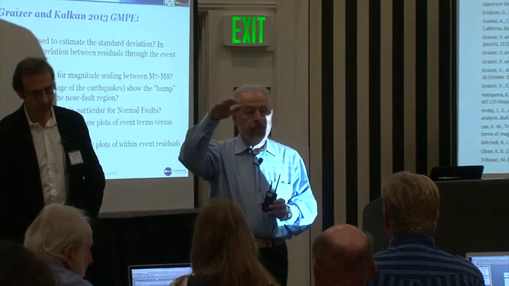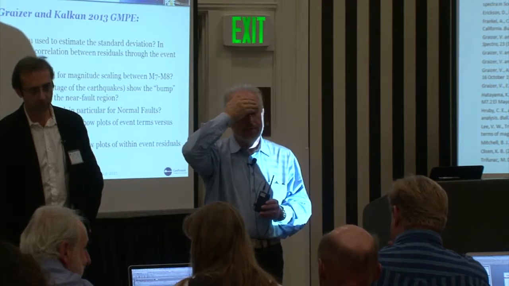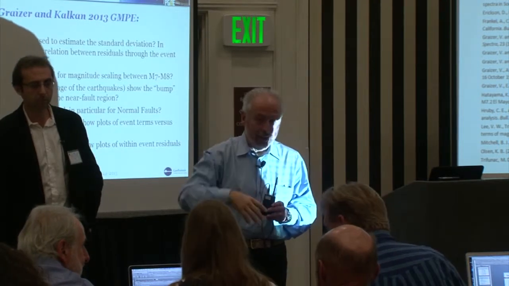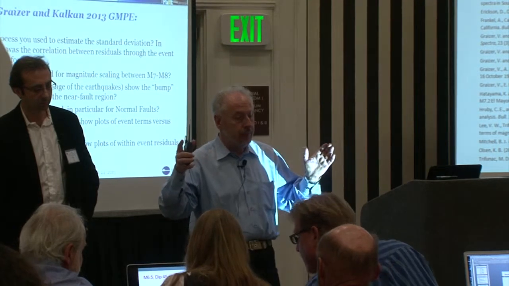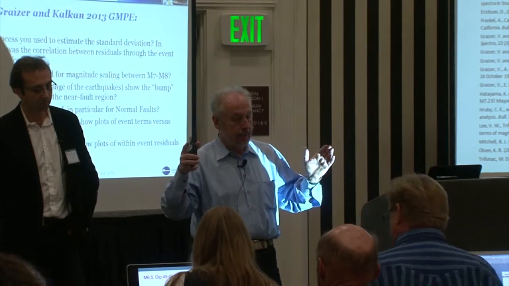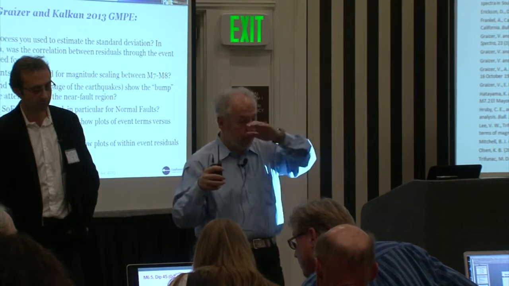Sorry, I'm misspeaking. Basically, the larger the magnitude, the bigger the area in which there is no attenuation, basically the flat period. This is why you probably see this effect in our model.